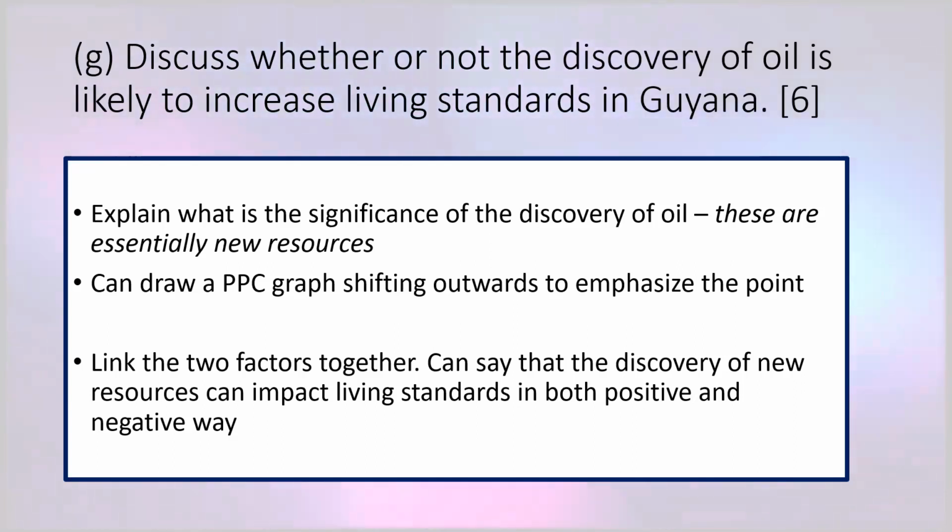Now, you've got to link the two factors. In this case, it's a bit difficult without getting into the actual points. So just give a vague one to the examiner, the discovery of oil and living standards. Worst case scenario, if you've got nothing else to say, you can come up with something like this. Okay. Discovery of new resources can impact living standards in both a positive and a negative way.